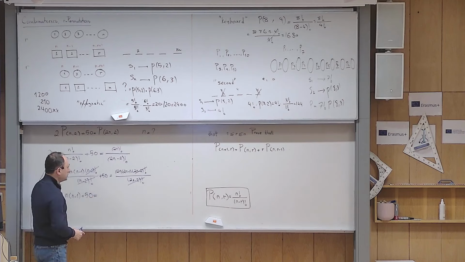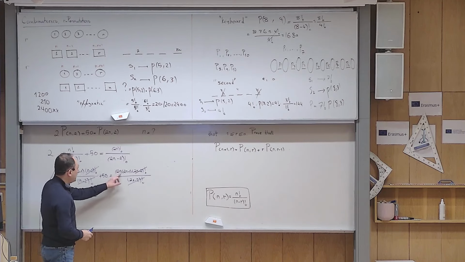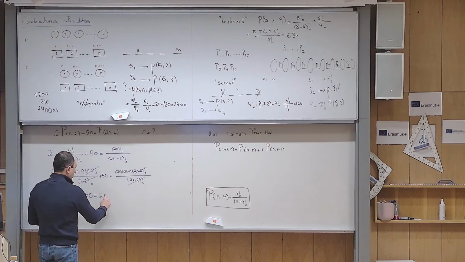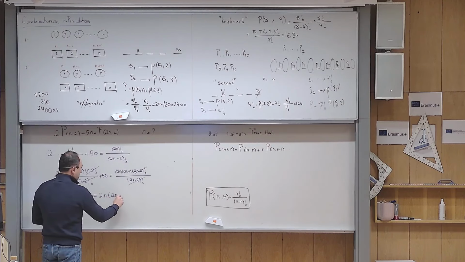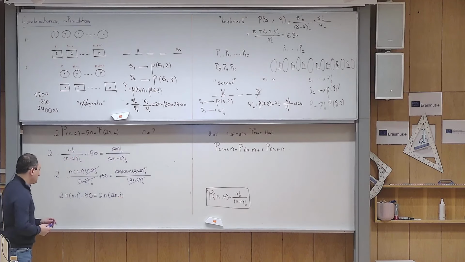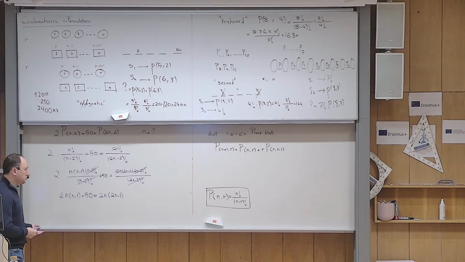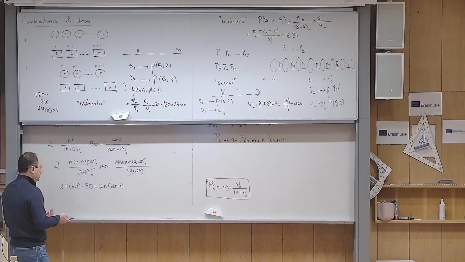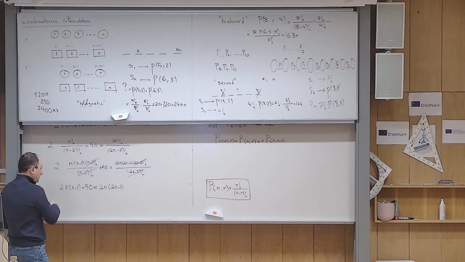On the right hand side, what do I have? I have 2n times (2n minus 1). But I see that everything is divisible by 2. For simplicity, I divide everything by 2. Of course, if you don't do that, it will work, but it becomes harder. So I divide everything by 2.